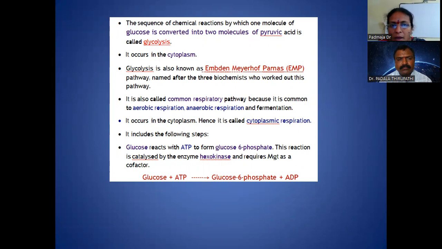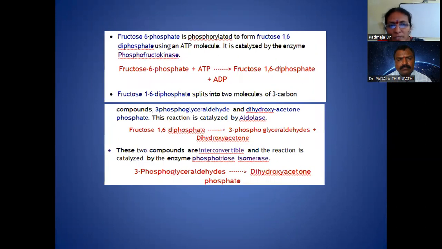ADP. And now this fructose 6-phosphate is phosphorylated by taking this ATP to form fructose 1,6-bisphosphate using an ATP molecule. It is catalyzed by the enzyme known as phosphofructokinase, giving the ADP.